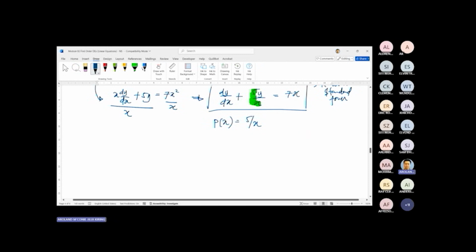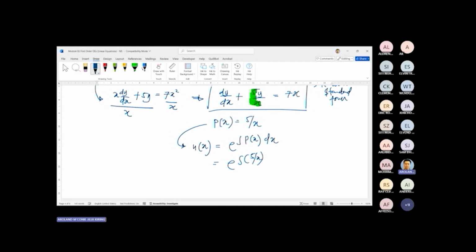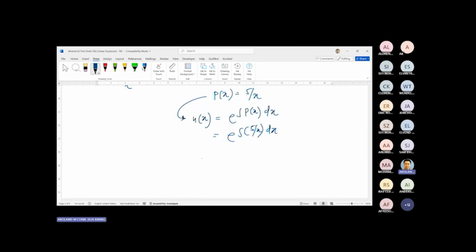From p of x, you get your integrating factor, which is given by this equation. Just plug in your p of x, which is 5 over x dx, and solve as usual. The constant 5 you can put outside the integral. So you just integrate 1 over x, and you get 5 ln x.